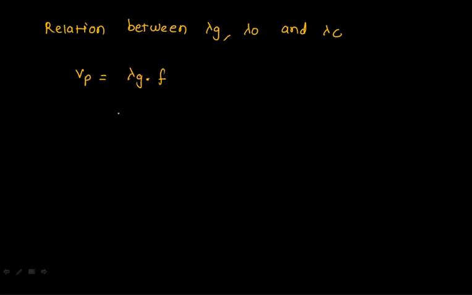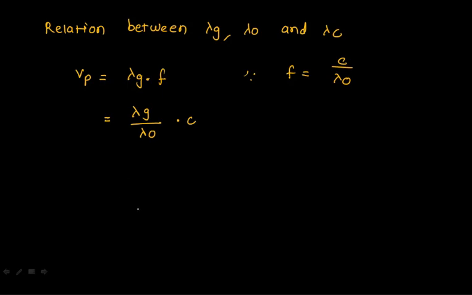If I'm talking about the phase velocity, we know that my phase velocity is nothing but lambda g into f. And f is nothing but c by lambda 0.